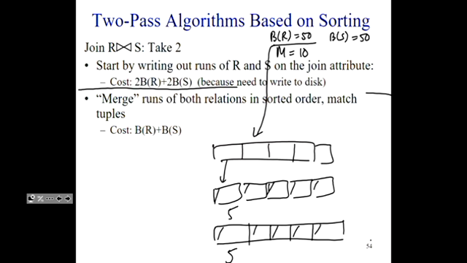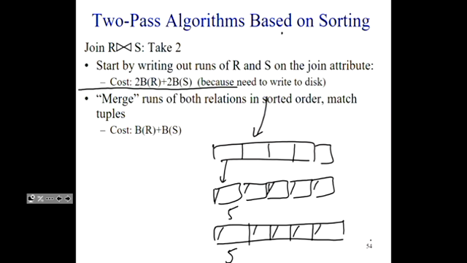Do you see that I don't have enough blocks in memory to do the merge here? In order for me to do the merge, I need one representative from each of the sorted runs of R and each of the sorted runs of S. There are 10 such blocks, and I only have 10 memory blocks, and therefore that's not going to work. I need more blocks. Correct? Okay. So I'm now going to change my numbers to 40 instead of 50, and let's see whether that works.